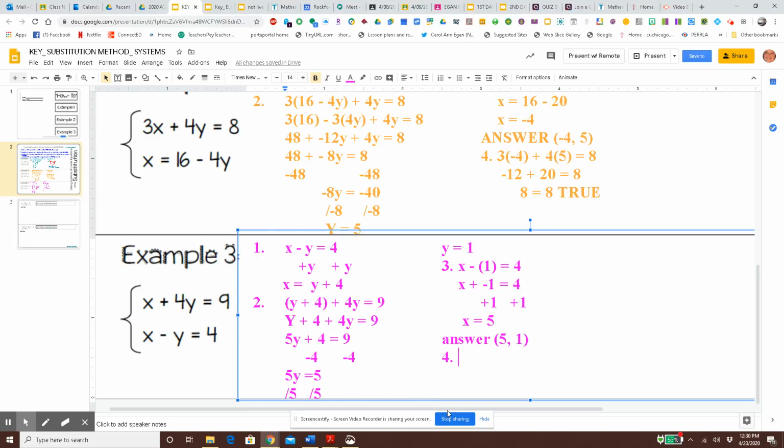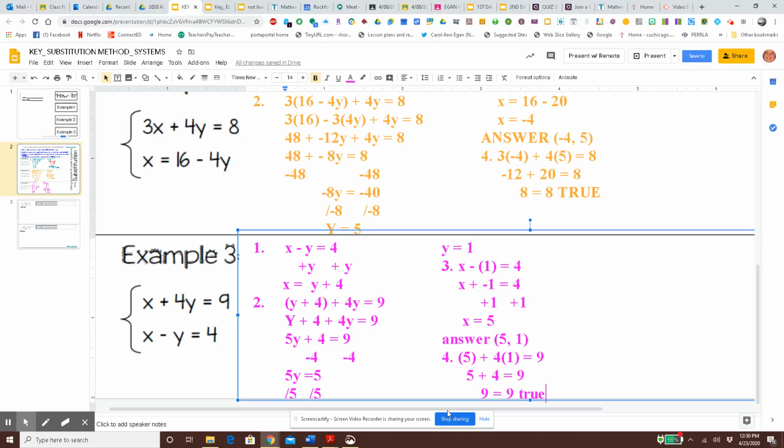So we would have 5, that's the value of x, plus 4 times 1, 1 is the value of y, equals 9. So 5 plus 4 times 1 is 4, equals 9. I believe that is a true statement. 9 equals 9. So we did this correctly.